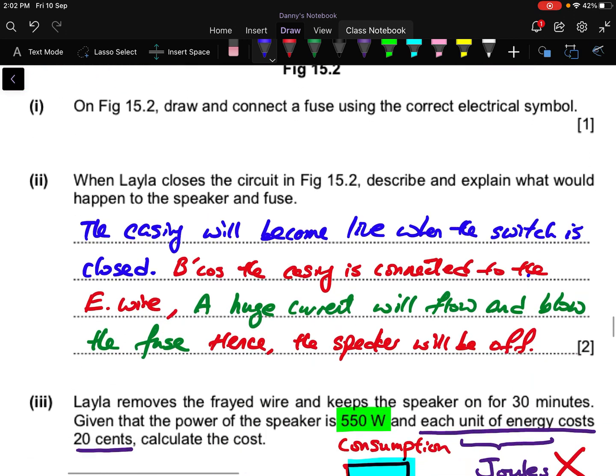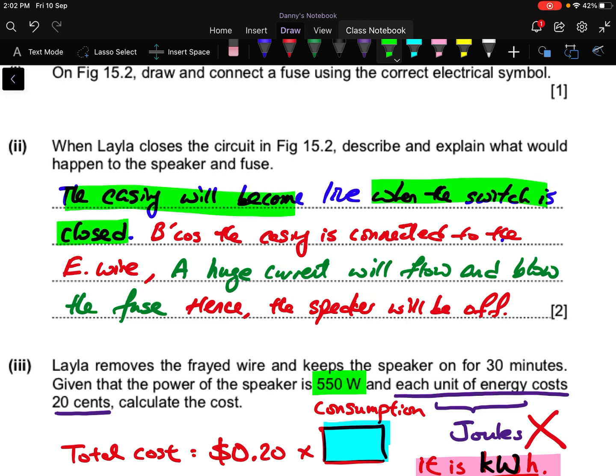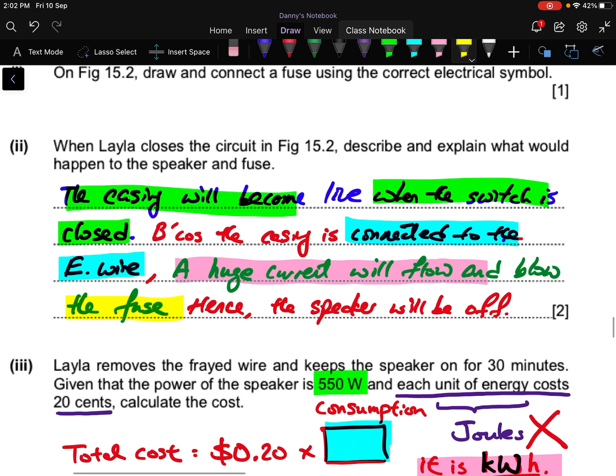So if we look at the answer over here, you need to tell me that the casing will become live once the switch is on. When the casing becomes live, because it is connected to an earth wire, there will be a huge current, and as a result of this huge current, the fuse will blow.